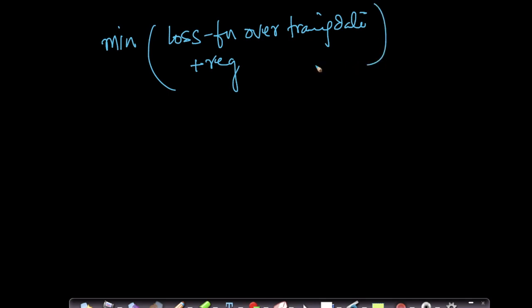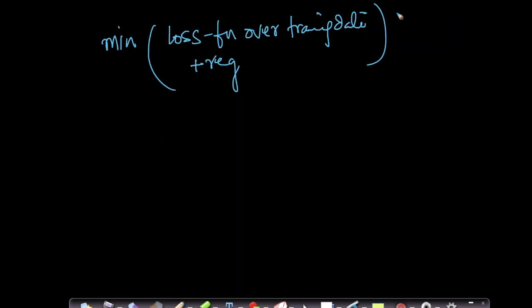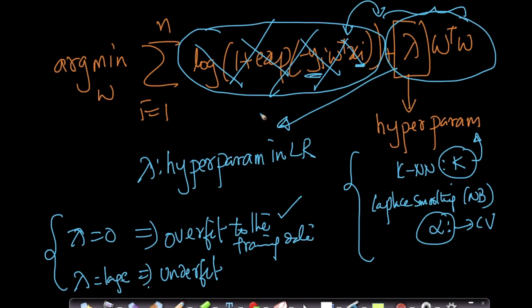This is the form of a lot of problems in machine learning. This is the loss function over training data, and this is the regularization term. You'll see this pattern emerging over and over again in a lot of algorithms that we will see in machine learning. This is just one example. I hope I made myself very clear.